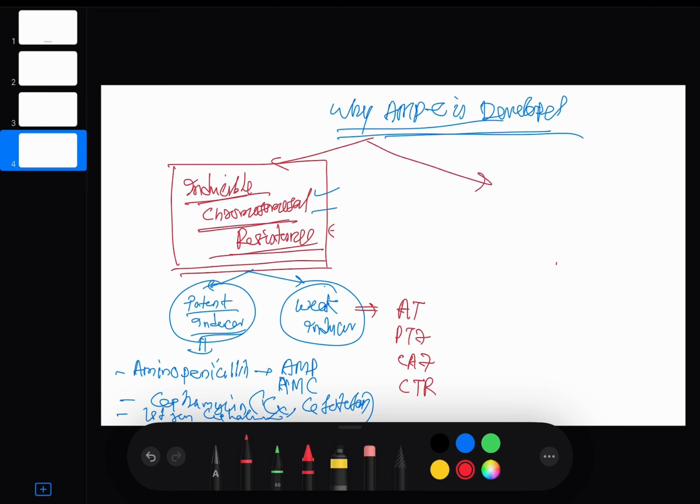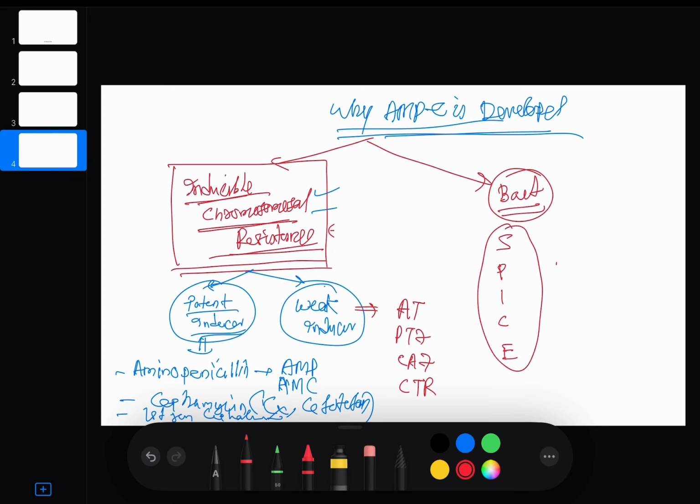Then some bacteria directly produce the AMC beta lactamase enzyme. These bacteria have a special name, the SPICE organisms.